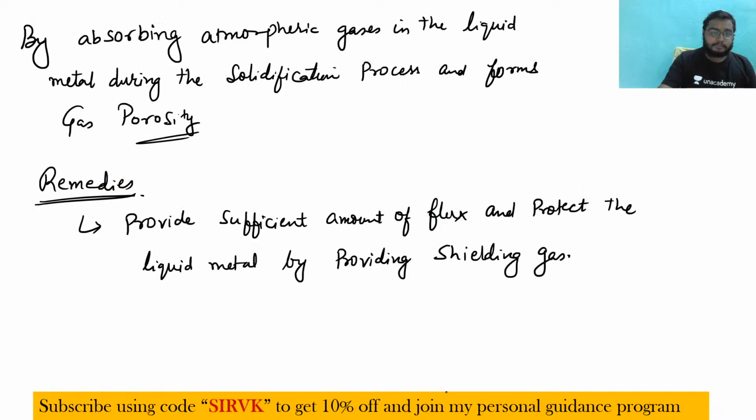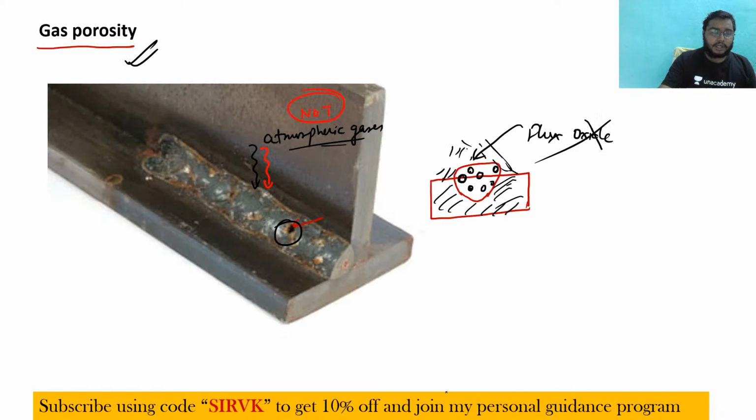Now, one more thing I told you at the very start: that gas porosity is there, right? So what is happening in this gas porosity? Basically, the atmospheric gases are in that part.